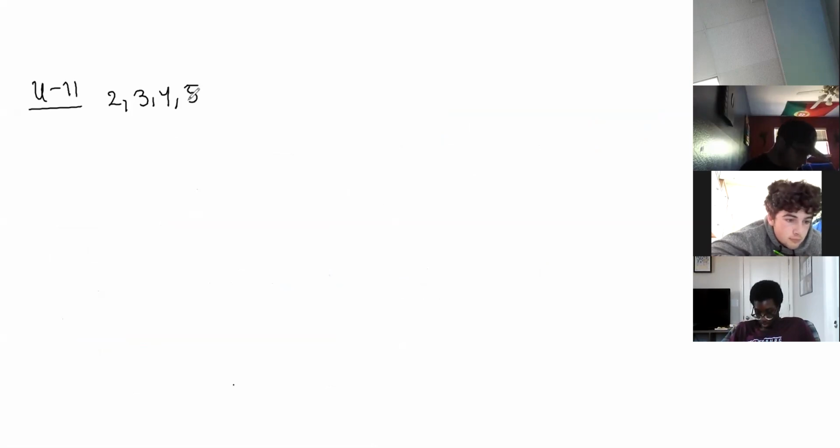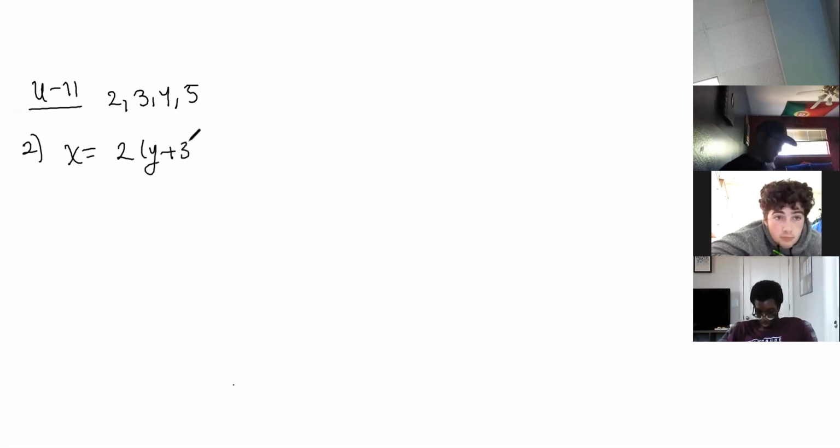Okay, it says at the beginning here, sketch each of the following conics and identify all of their characteristics. Okay, number 2, x equals 2 parentheses y plus 3 quantity squared minus 1. Okay, what shape is this? What conic is this? An ellipse, a parabola, a circle, a hyperbola?